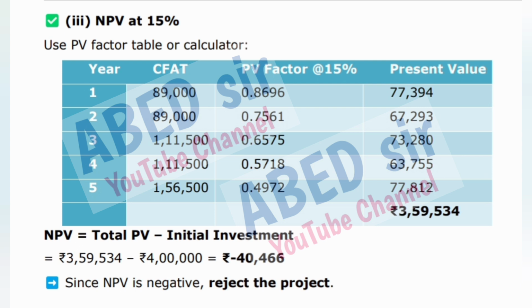Year 2: 89,000, 0.756, 67,293. Year 3: 1,11,500, 0.658, 73,367. Year 4: 1,11,500, 0.572, 63,755. Year 5: 1,56,500, 0.497, 77,812.